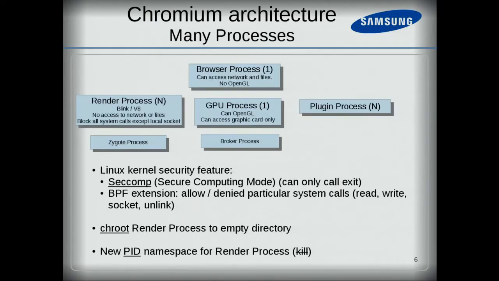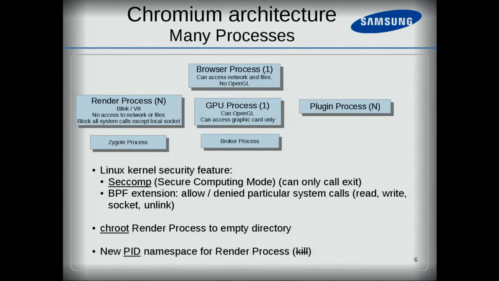So in Chromium, you have four main processes. The main one, which is started when you start your application, is the browser process on the top. This is the only process that can access the network and the files. It cannot access OpenGL.